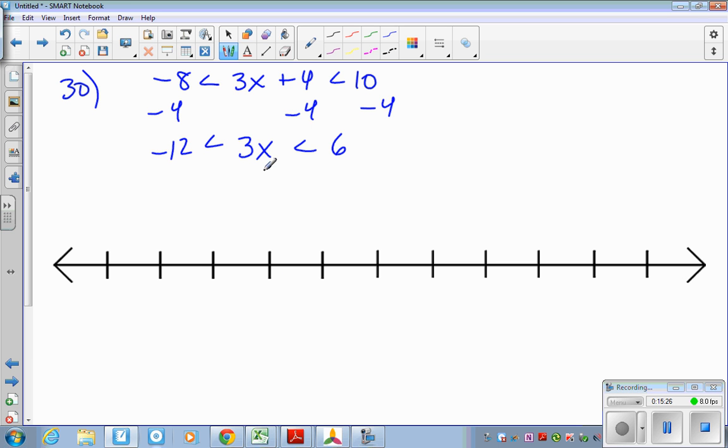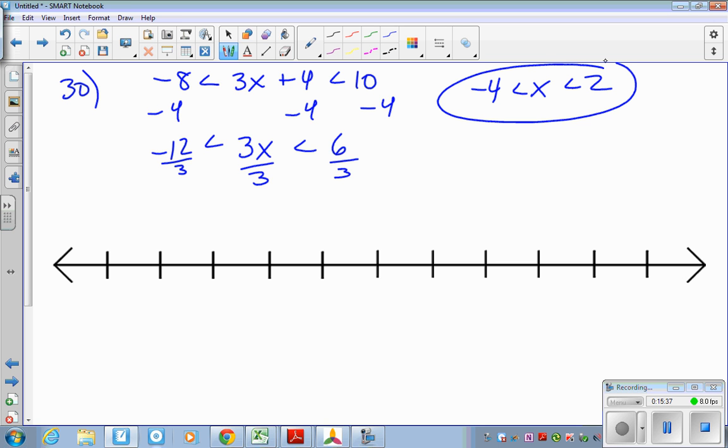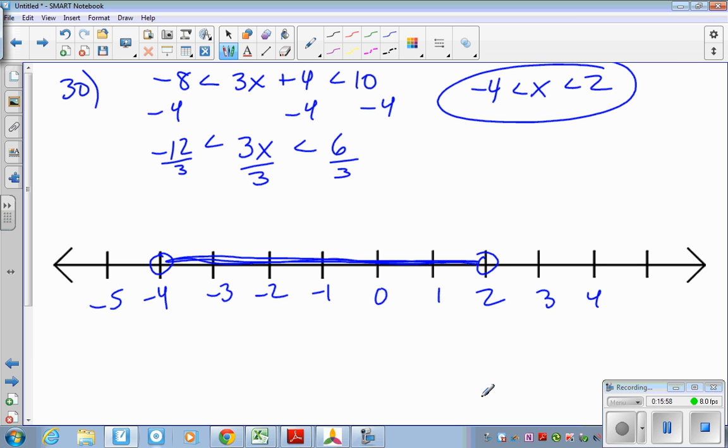Now I'm going to divide everything by 3. And so you get negative 4 is less than x, which is less than 2. So you want to shade in between negative 4 and 2 with open circles. So that would be our solution.